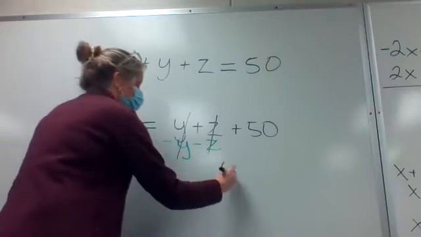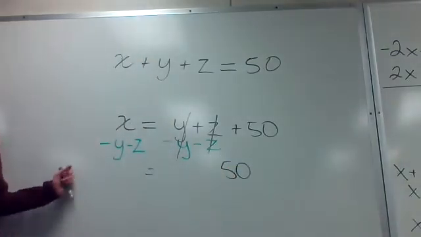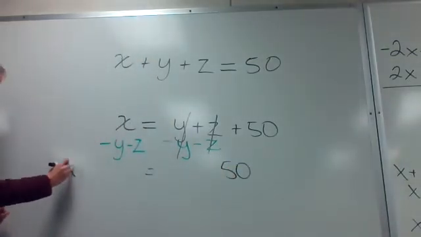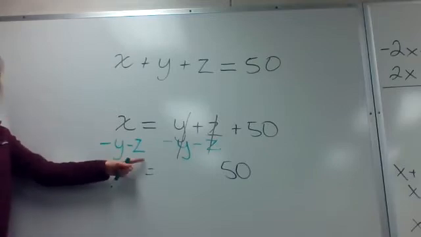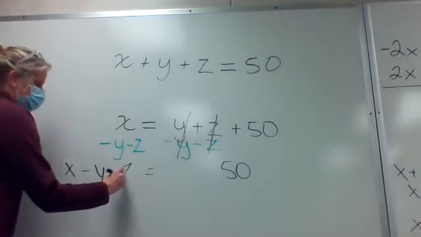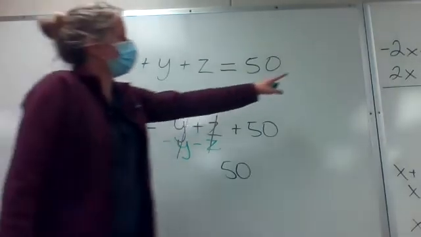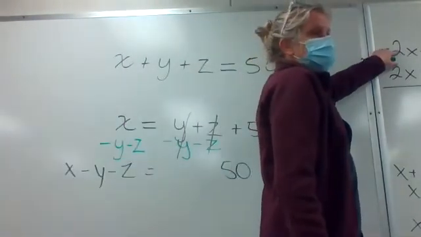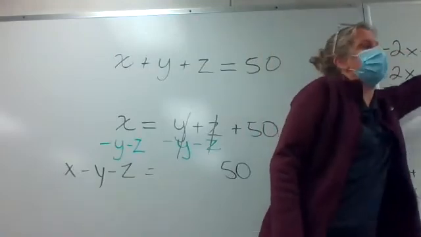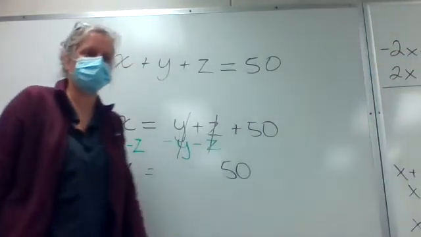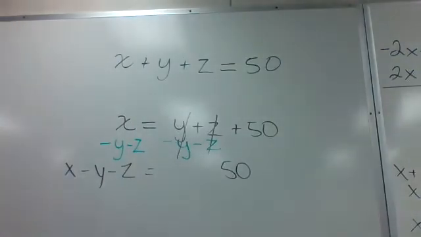Those cancel, there's 50. And the X, Y, and Z are now over here. So it's going to be what? X minus Y minus Z equals 50. So it'll be set up where all your variables are on one side and your constant is on the other side. So I just had to move all the letters to the left and the number on the right.